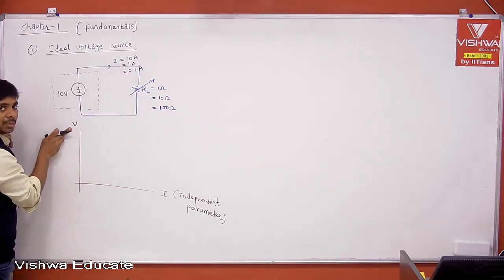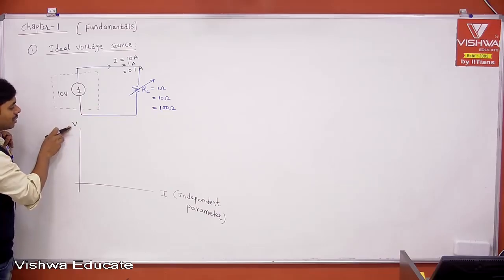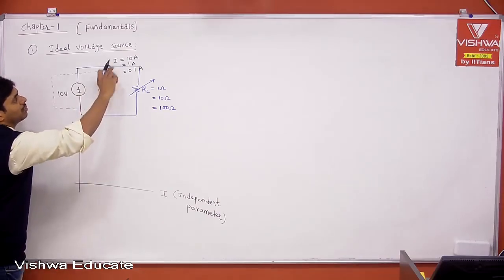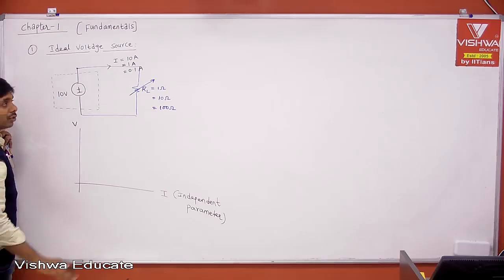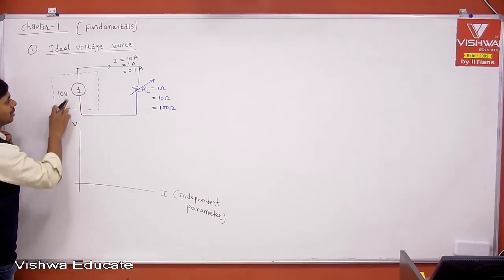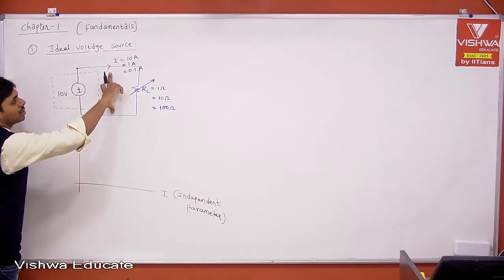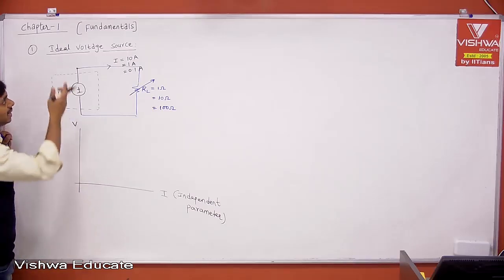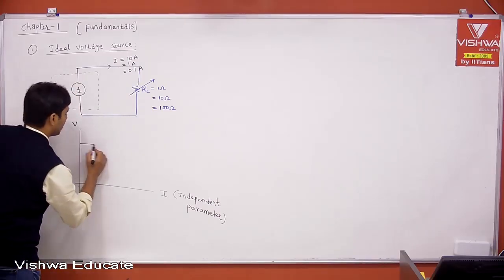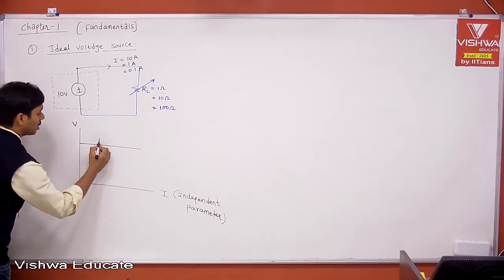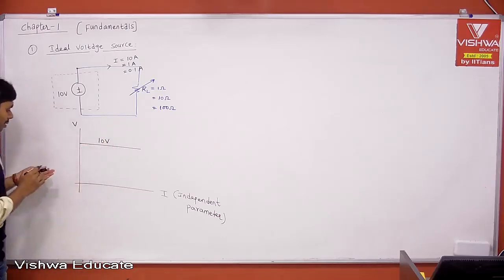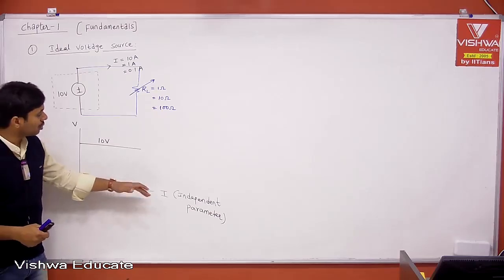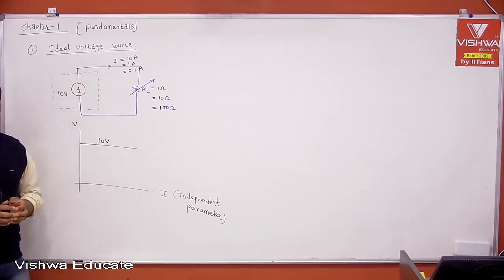And here the dependent parameter is voltage. Therefore, this depends on current, but I am expecting the voltage should not change with respect to current. If you take a practical voltage source, the voltage you get from it depends on current. That's why this is a dependent parameter. But ideally, I am expecting the voltage to be constant. Therefore, I am expecting 10 volts irrespective of the current you are trying to draw from your voltage source.